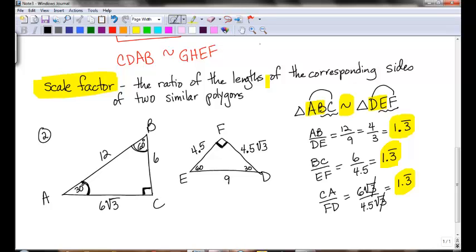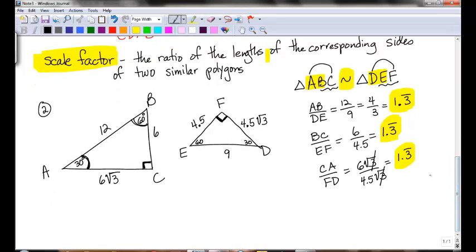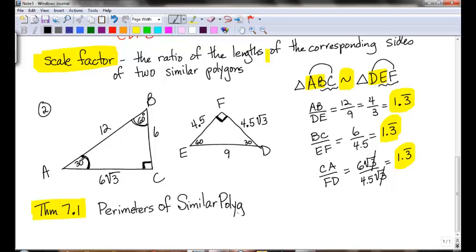Okay, last thing in this section is a theorem. 7.1. Theorem 7.1 says this is called perimeters of similar polygons. Keyword perimeters.